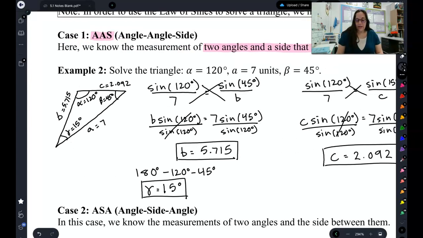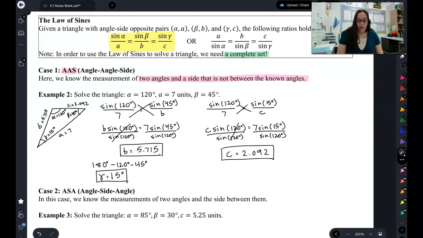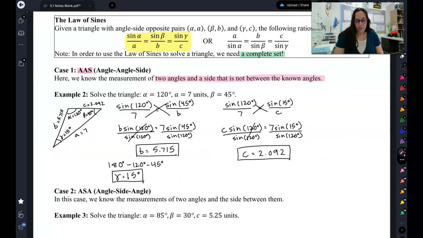And you'll notice I have solved the triangle. I know all the angles, and I know all the sides. So that is your very first example of the law of sines.